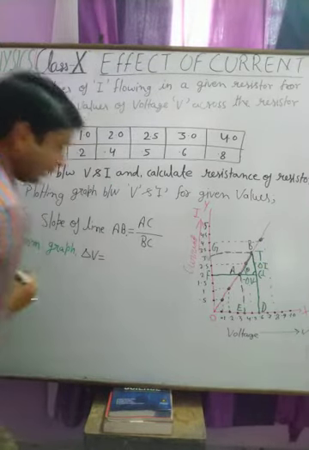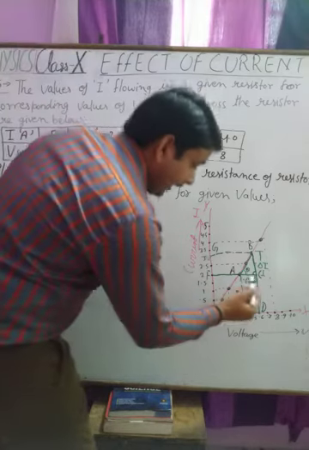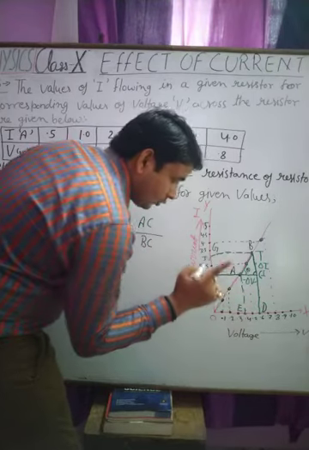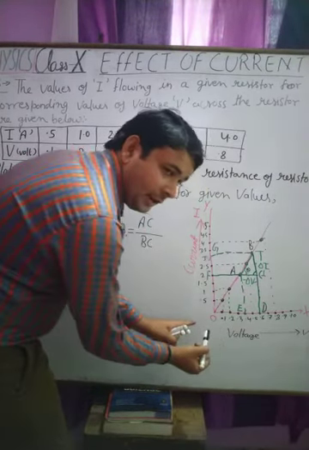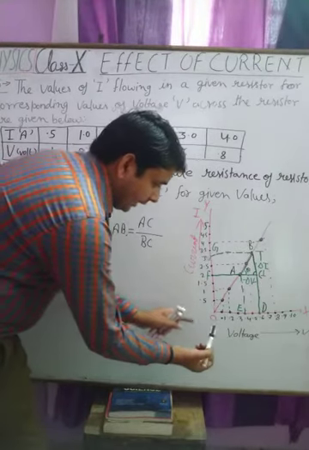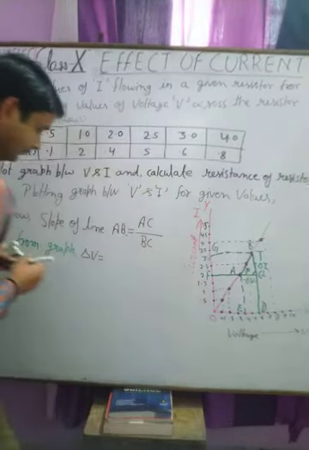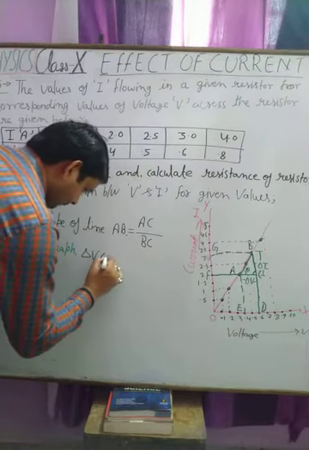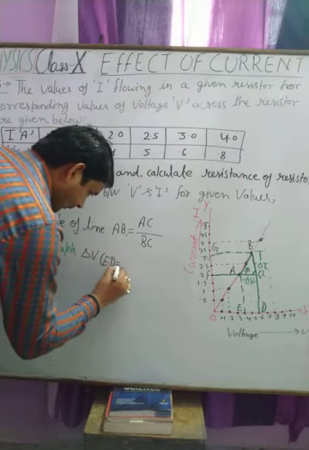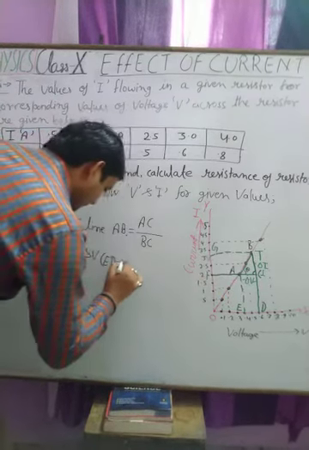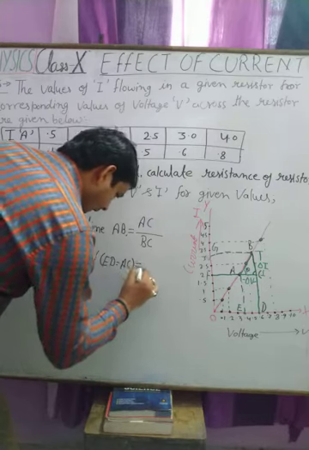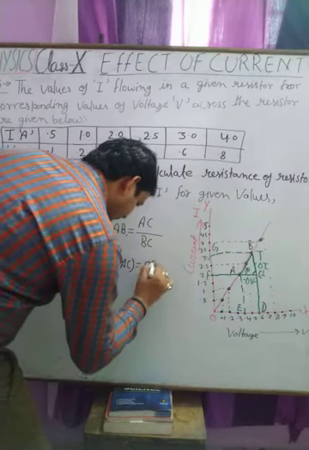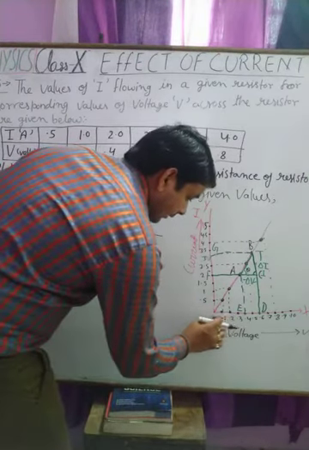Del V is equal to, student, when we are taking these values from A to C, we are using this horizontal line. On this horizontal line, the value of AC is given by OD minus OE.